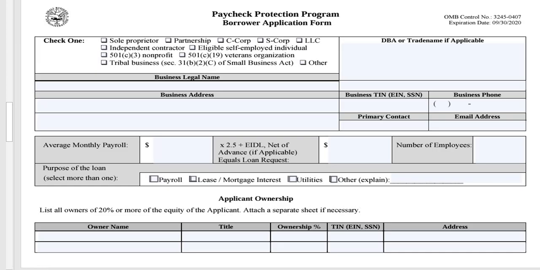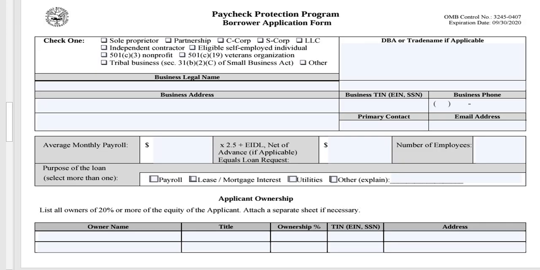You can see here in the upper right the OMB control number 3245-0407. The expiration date is listed as September 30th, 2020. However, the SBA did publish additional variations of this form during 2020 and prior to September. But this is the original in blank.